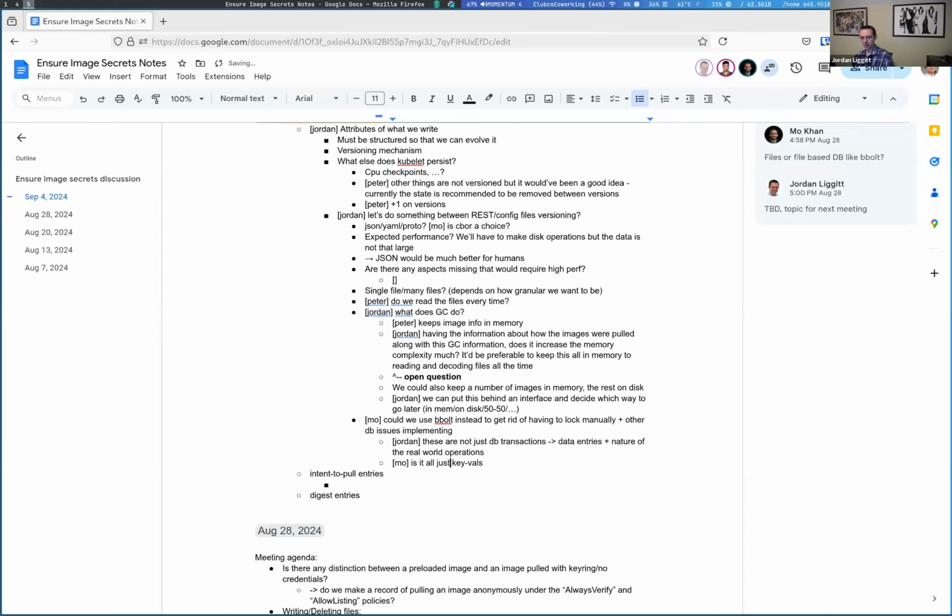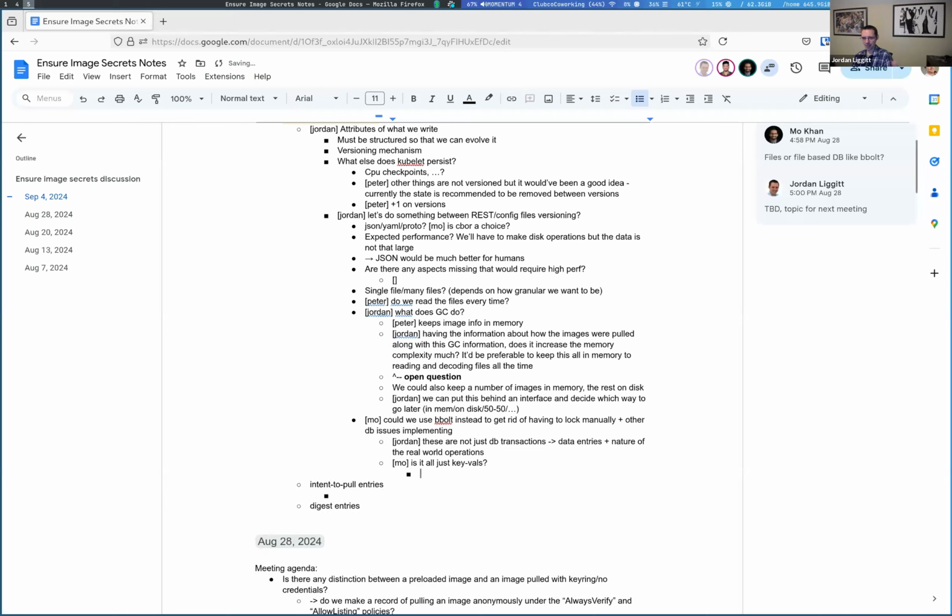So I think if you did something like bbolt or SQLite or some databasey approach, you would have all of the records for all of the images in a single database file, log, whatever.